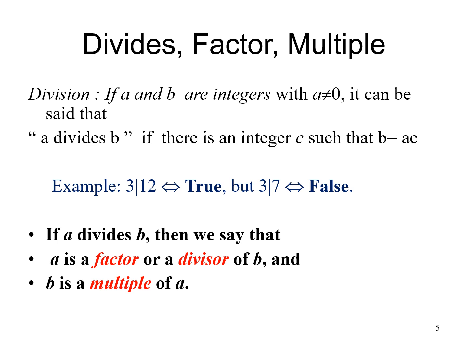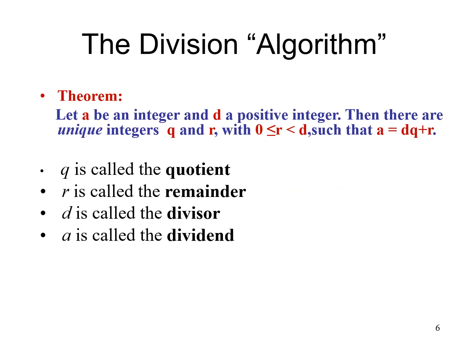If A divides B, then we say that A is a factor or a divisor of B and B is a multiple of A. Now we can see division algorithm.